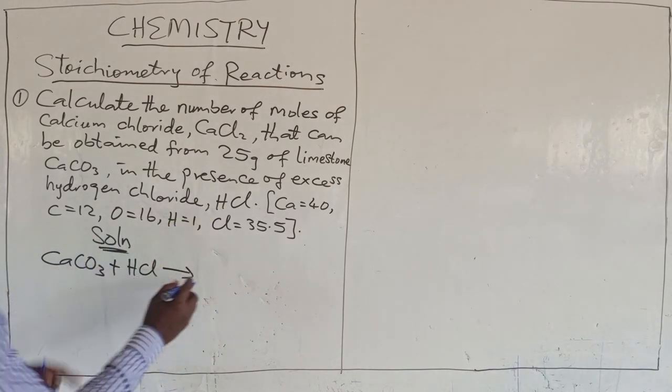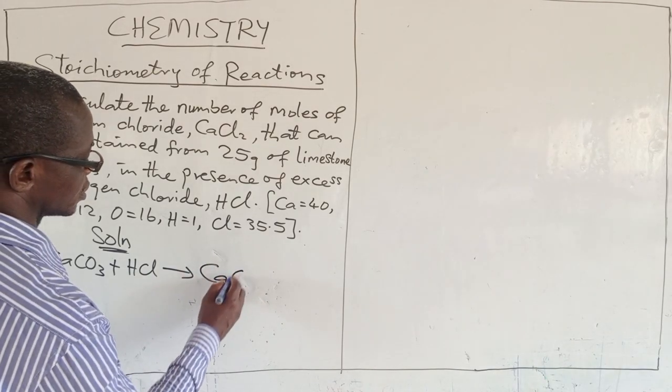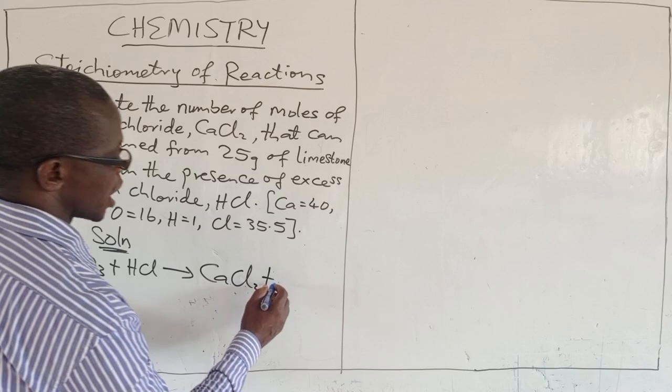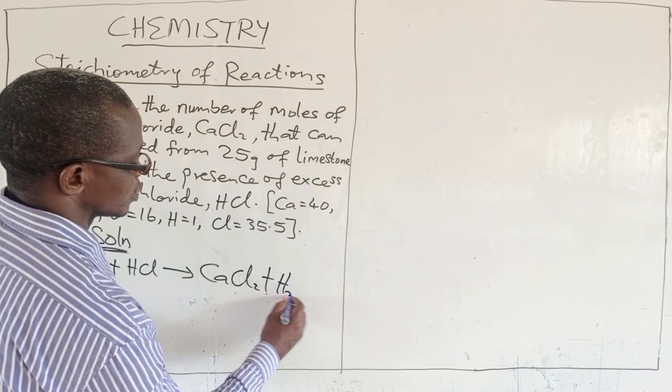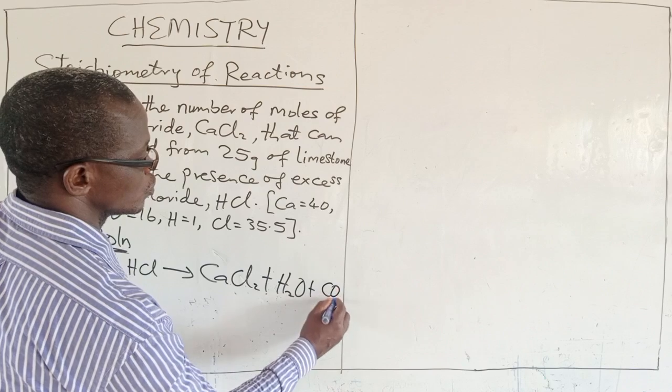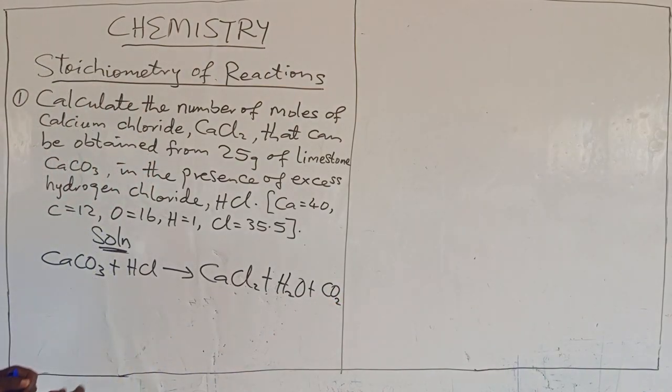So calcium chloride, which is what they have given you there, will be formed, and then water will also be formed, and CO2 will also be formed. So these are the three products formed from these two reactants.